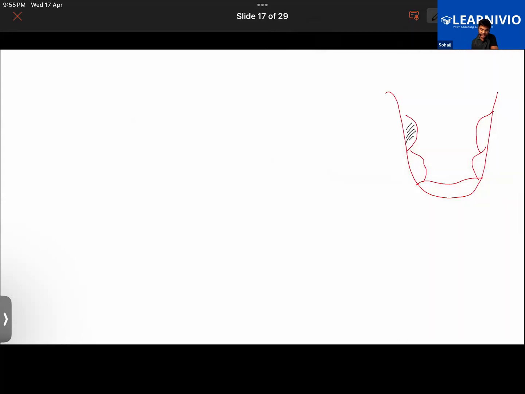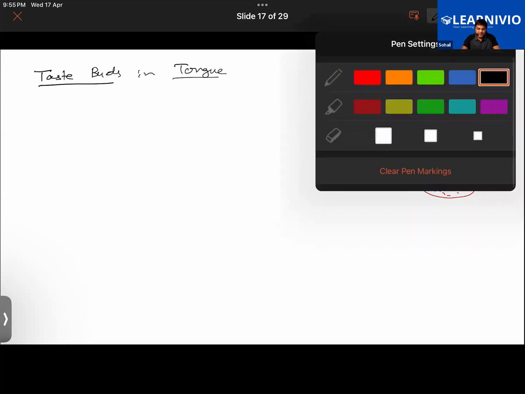These are different taste buds. Okay, so let's learn about the different taste buds in the tongue, and let's see which part is sensitive to which kind of taste.